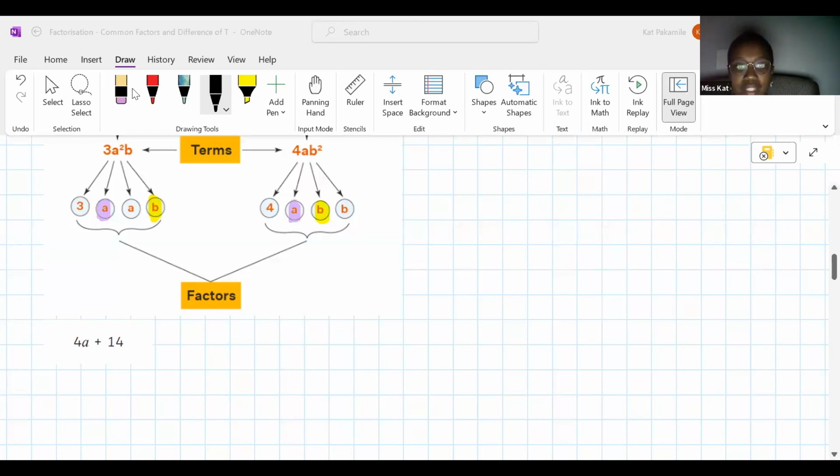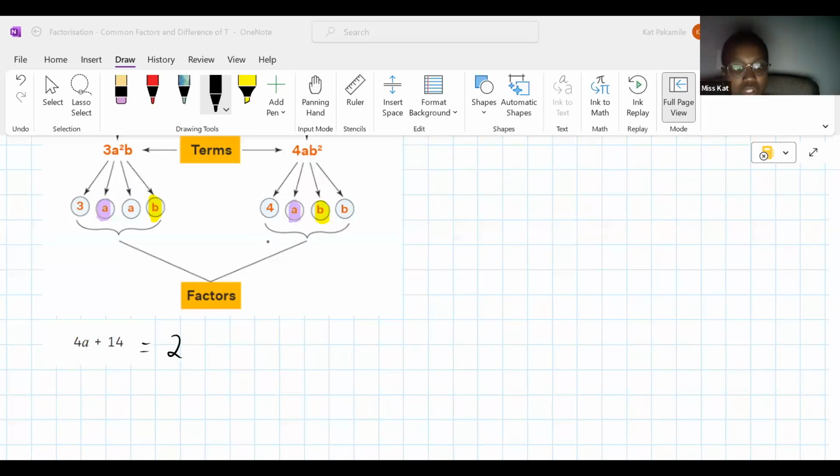Their common factor, remember? 2. Thank you. They have a 2. So once you have found what they have in common, you're going to go and divide both of them by that factor. Okay, we're working backwards. Remember when we were distributing in? Now we're working backwards. We're taking that factor out.